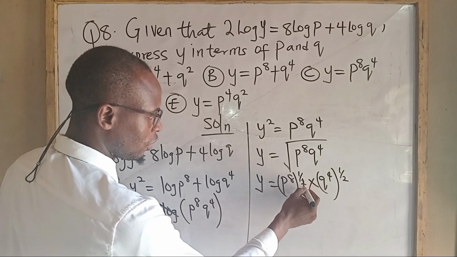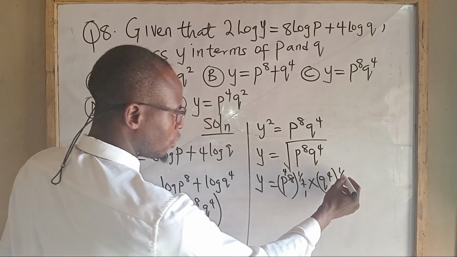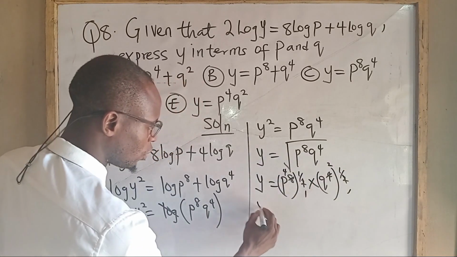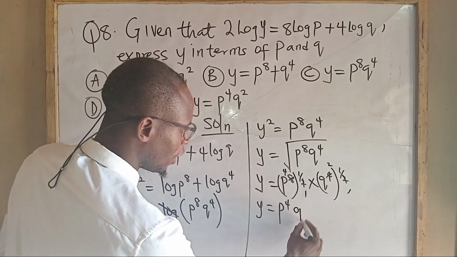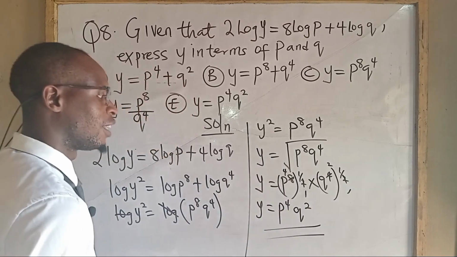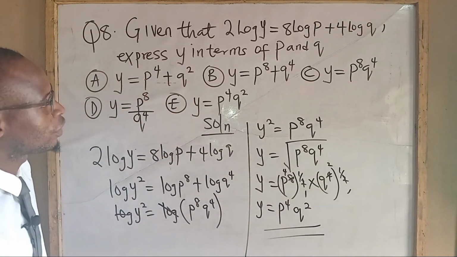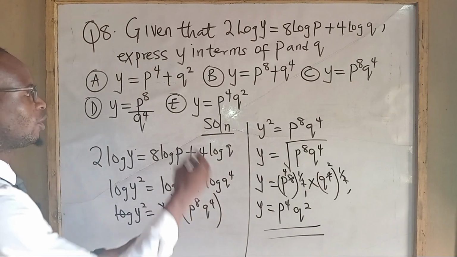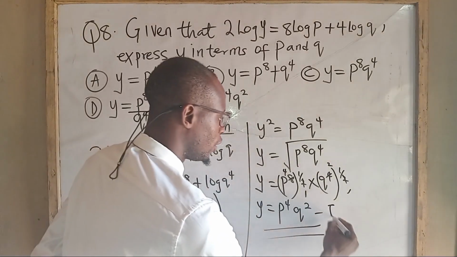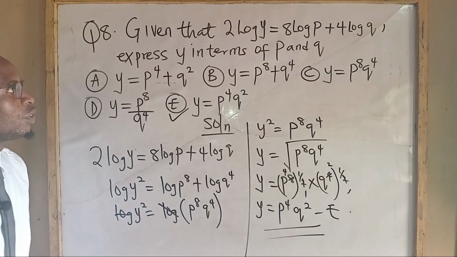So I can cancel out this 2 here, 1, 2 here 4, 2 here 1, 2 here 2. So I'll be left with y is equal to p raised to power 4 on this side, then multiplying q raised to power 2 as my final answer. So let's check the options together. The option that suits this is option E. So our answer is option E. And that's for question 8.